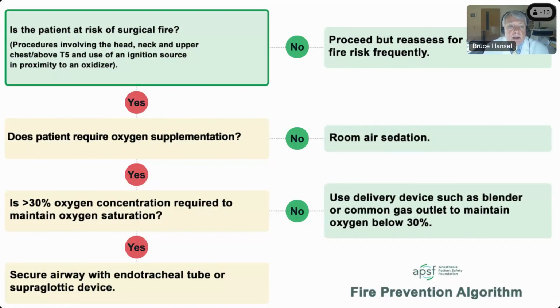But if anything in the fire triangle changes, you have to reassess. If there is a risk, then you have to ask, does the patient really require supplemental oxygen? And if no, you use room air sedation. You don't use oxygen. Oxygen is probably way overused. Dr. Feldman can talk about that as well.